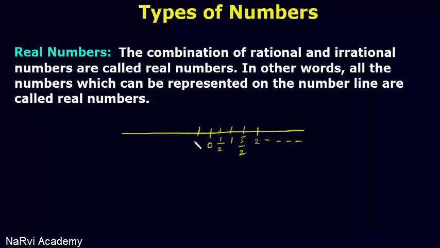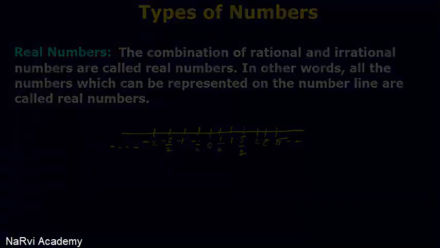Similarly, on the negative side, minus 1 by 2, minus 1, minus 3 by 2, minus 2, and so on. And definitely, there will be pi somewhere here, Euler's value somewhere here. So all the rational and irrational numbers which can be represented on the number line are called real numbers.